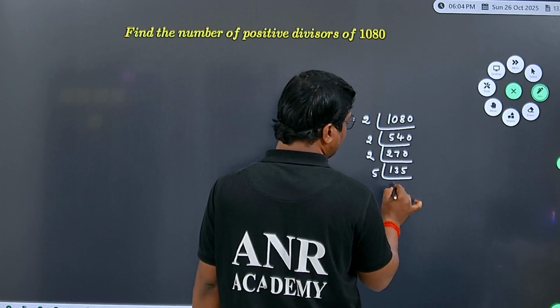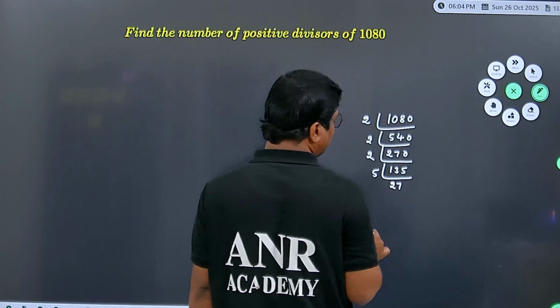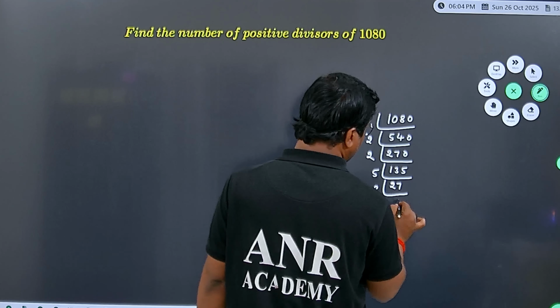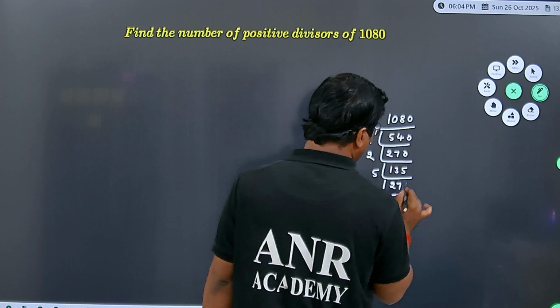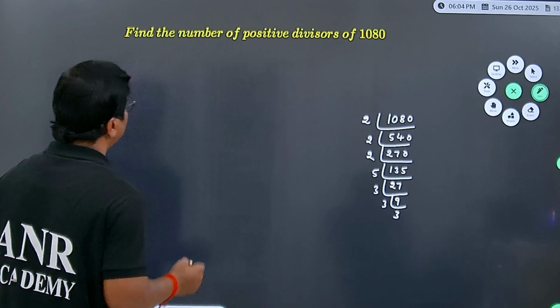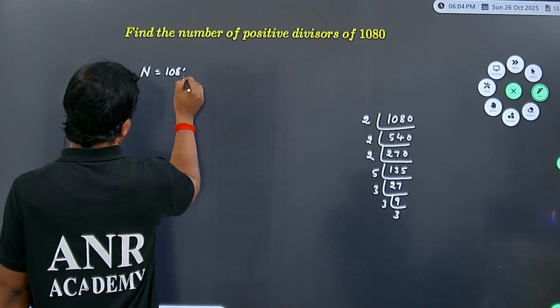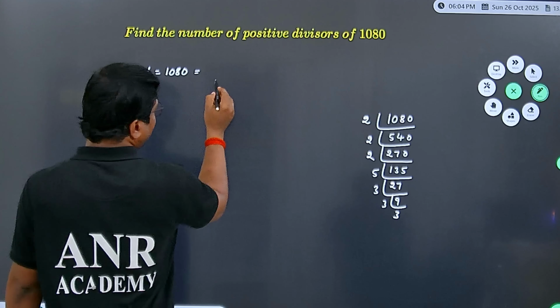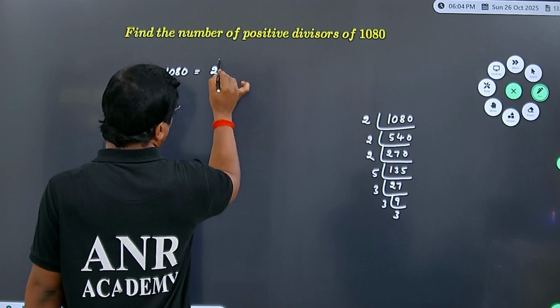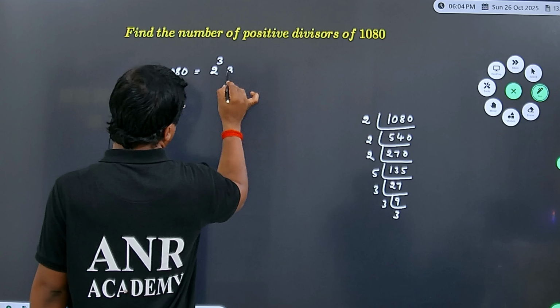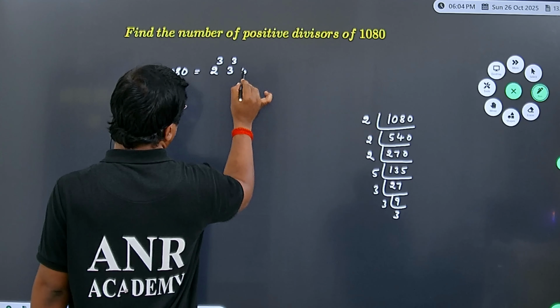Next 5 2s, 5 7s. Next 3 9s, 3 3s. Yes. The given number 1080 can be written as 2 power 3, 3 power 3, 5 power 1.